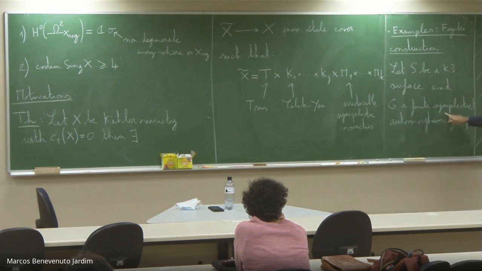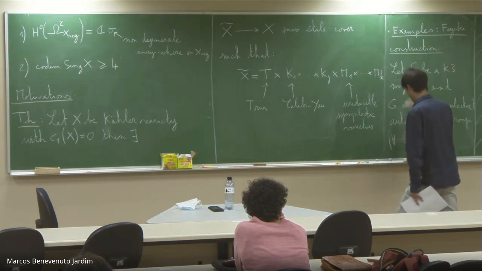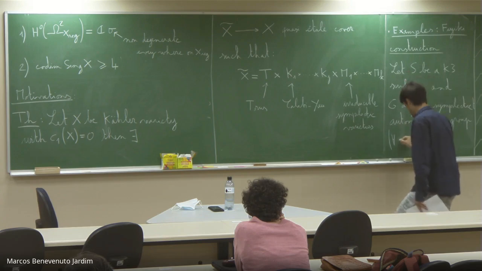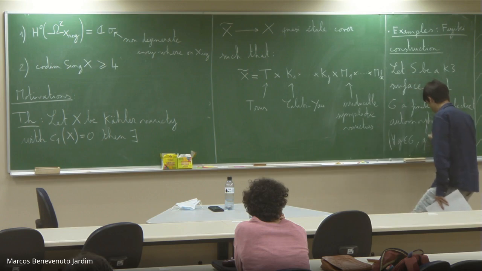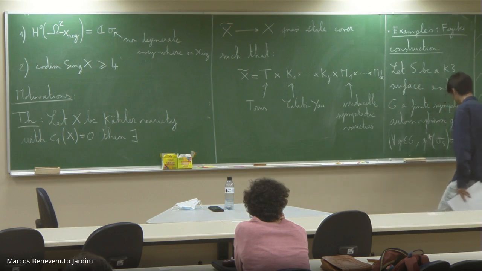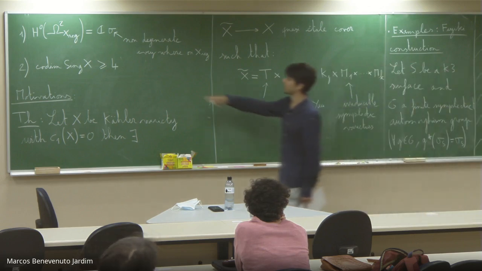What does symplectic mean? It means that it fixes the holomorphic two-form. So for all g in G, the action of g on the holomorphic two-form on S is the holomorphic two-form.